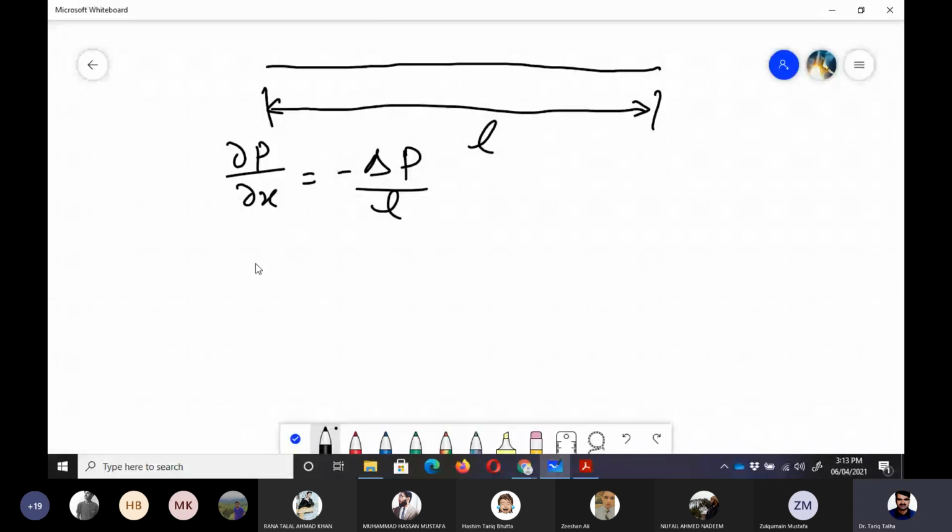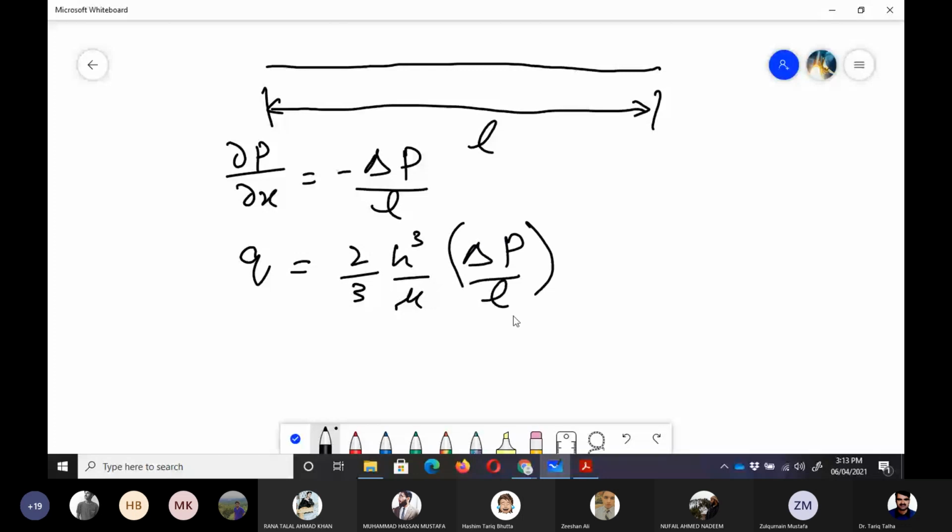Q is equal to 2 by 3 h cube by mu, delta P by L. So this is our Q value in terms of pressure drop, not pressure gradient, but pressure.